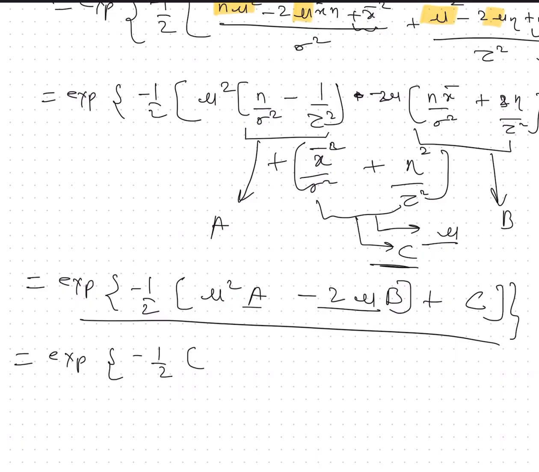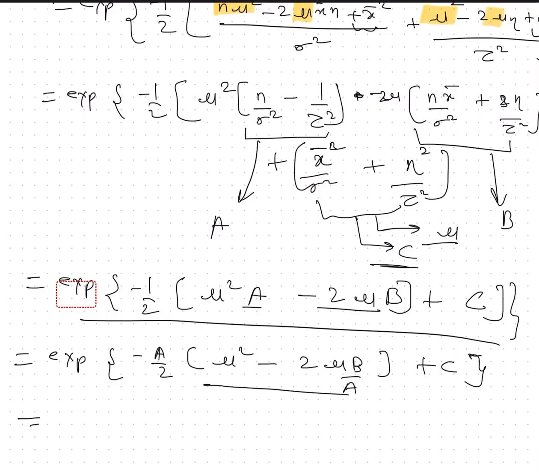So first I will take out the a. After taking out a, I will write it here and square this. So now I have a upon 2, mu square minus twice mu b upon a, plus some constant c.